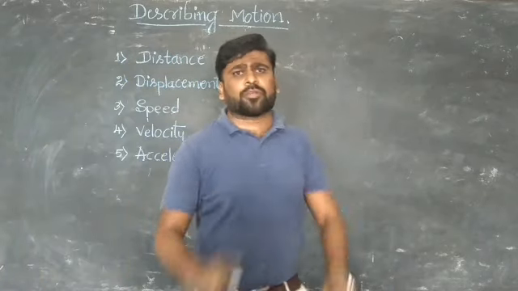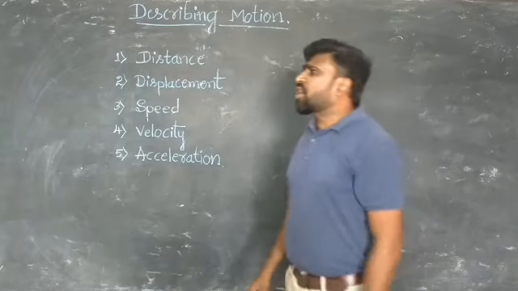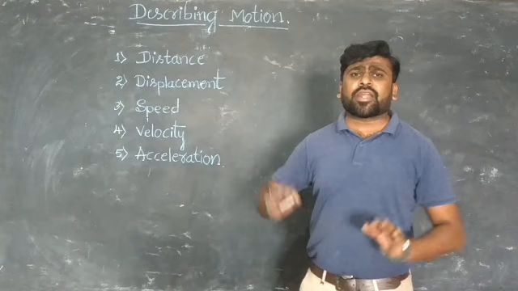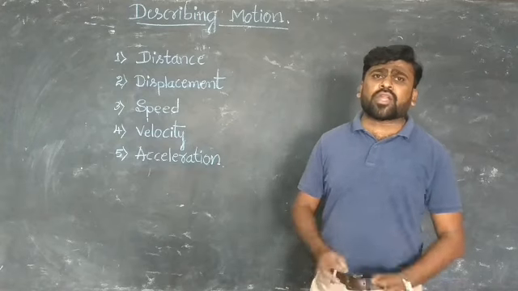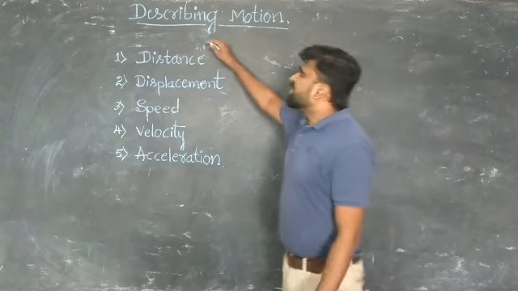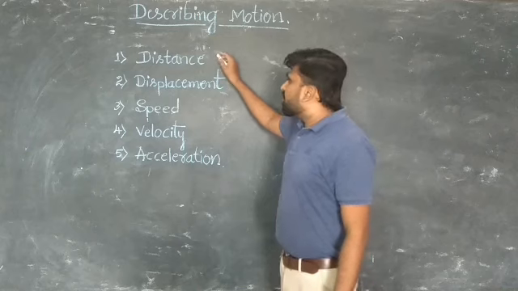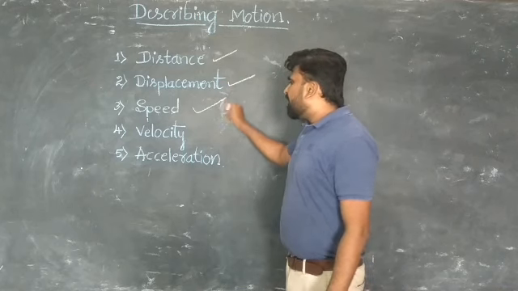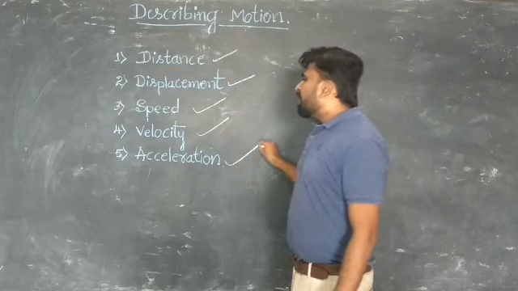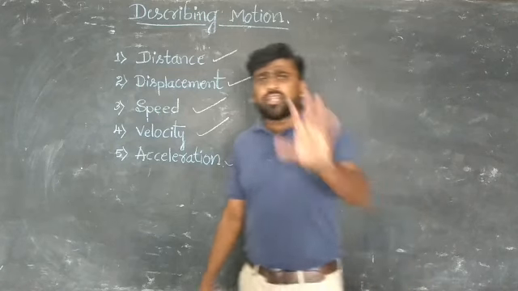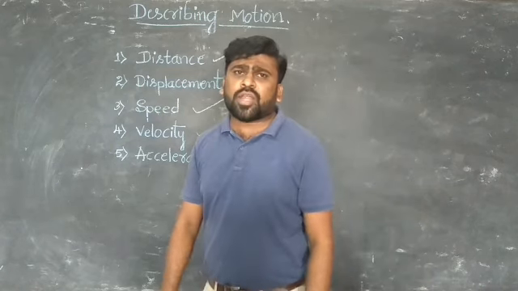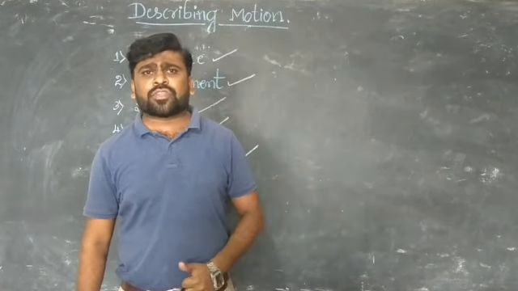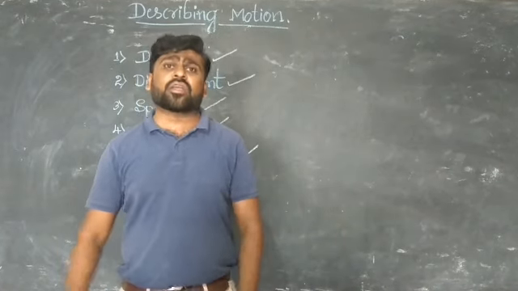Regarding this chapter, the important points we are going to discuss are distance, displacement, speed, velocity and acceleration. These are the five concepts we are going to discuss in the first chapter of physics, describing motion.